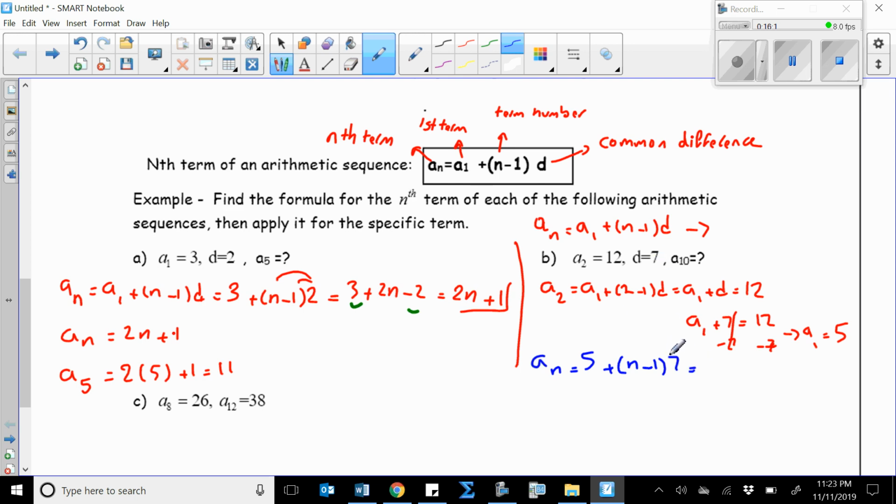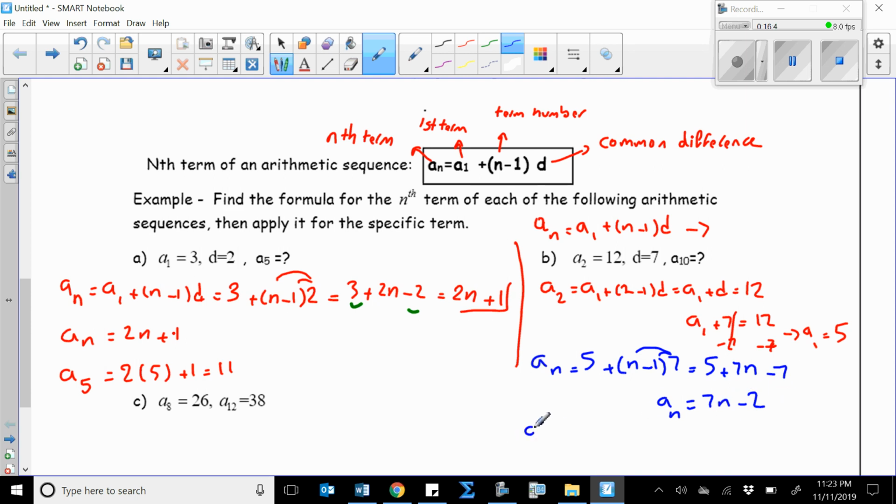Now I distribute this 7 here to simplify my expression. So this will be 5 plus 7n minus 7. If I combine 5 and negative 7, that will be negative 2. So the general rule an will be 7n minus 2. So this is my general rule of the nth term.